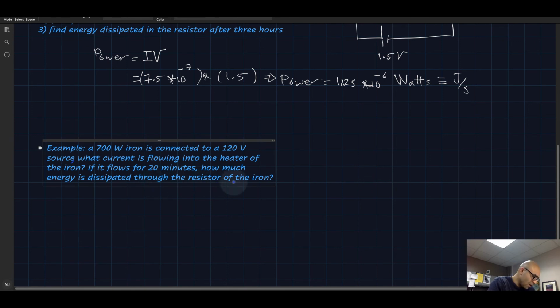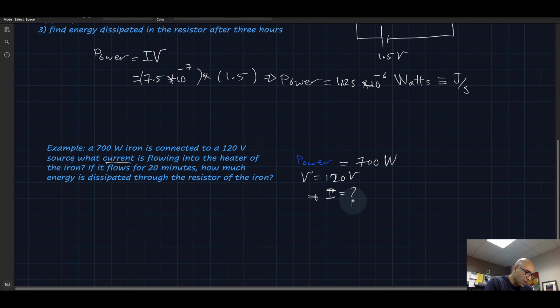Okay, so we know that the power is given, and the power is equal to 700 watts. We are also given the voltage. The battery is equal to 120 volts. All right, we need to find what? The current. So I is unknown.